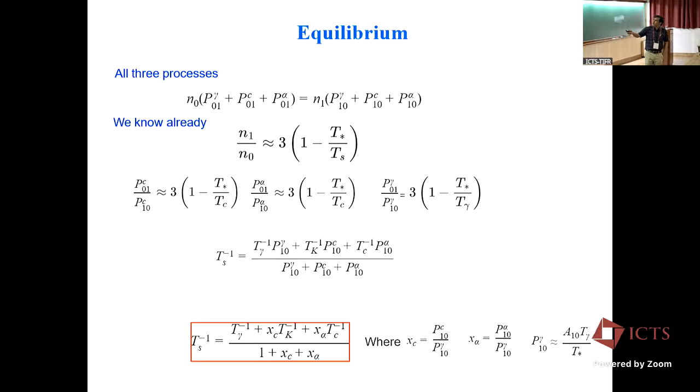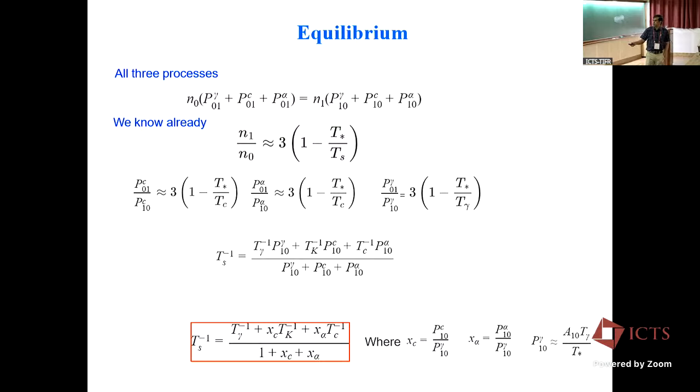So I write this here, and I use the relations that I have already discussed, P01 C by P10 C, all these relations. If I put all of them together here and do some simplification, I get spin temperature as this.